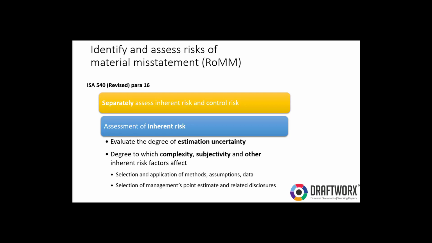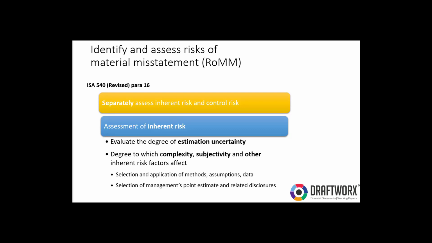And so you must specifically evaluate the degree of estimation uncertainty, and you must specifically also assess the degree to which the selection and application of methods, assumptions, data, point estimates, and related disclosures are affected by the complexity and subjectivity and other inherent risk factors relating to the accounting estimate.